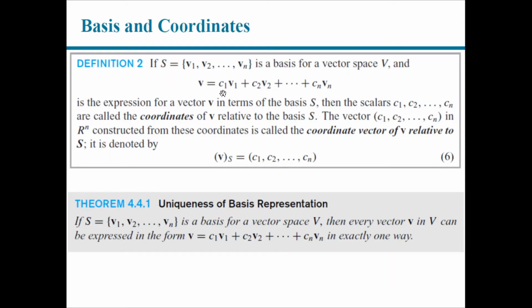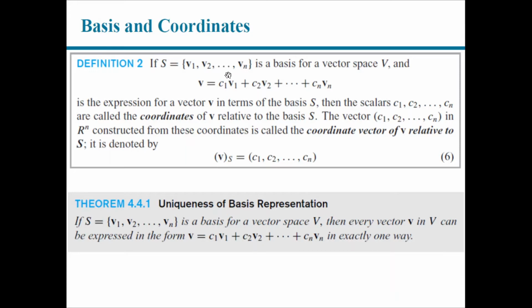The coefficients of the linear combination, C1, C2, C3, Cn, are also called coordinates of the vector V relative to a basis S. So that's what the coordinates are. Those are just coefficients in front of the basis vectors when we write our vector V as a linear combination of basis vectors.